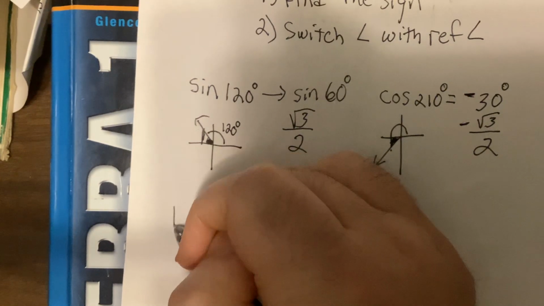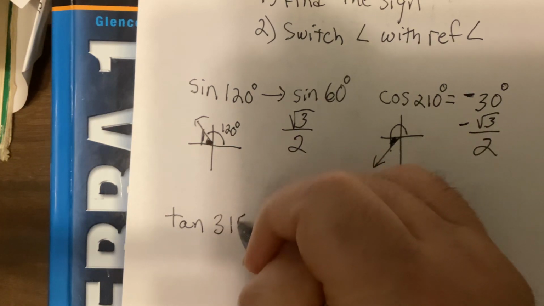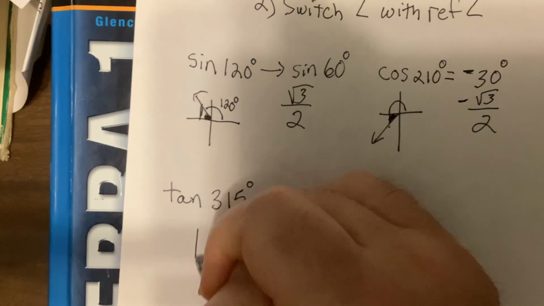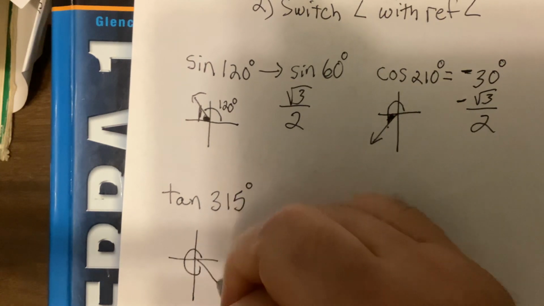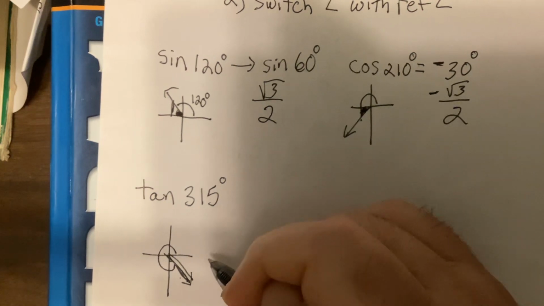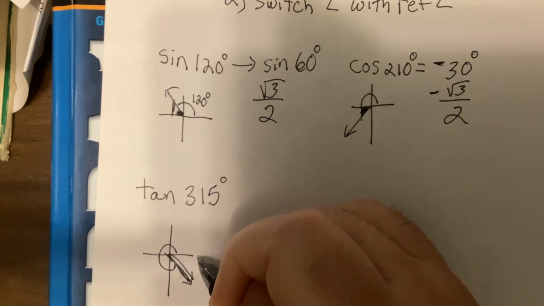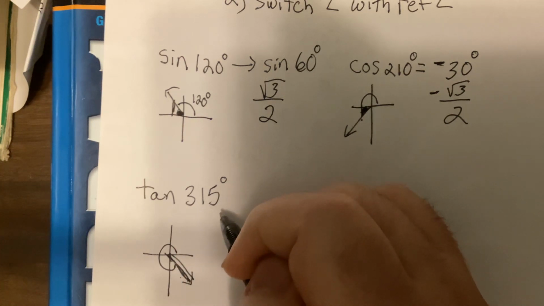So if I said, what is the tangent of 315? You would say, okay, 315, we're right here. A little bit off, but we can go with it. Tangent, fourth quadrant, x is positive, but y is negative. Tangent's y over x.